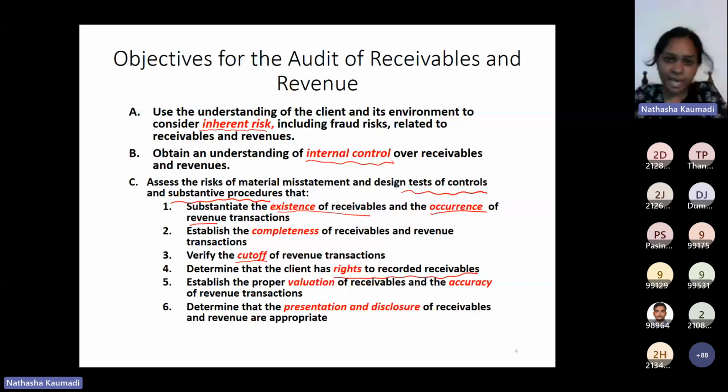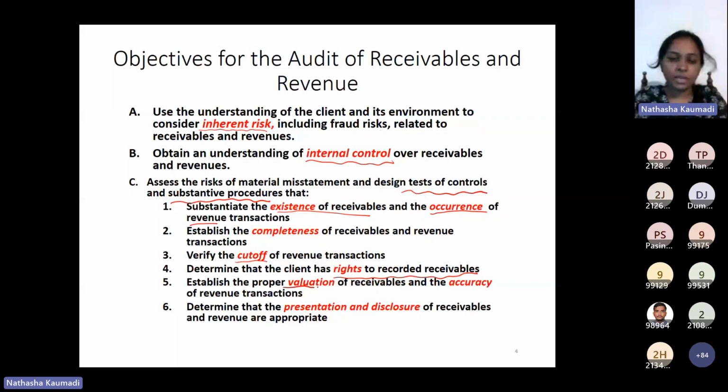If the company has used factoring, the company doesn't own those trade receivables because we have factored them out. I'm sure you know about factoring, so I'm not going to explain. If the trade receivable balances have been factored out, you don't have a right over those balances. So you need to check that. Right to recorded receivables. And then of course the valuation of receivables.